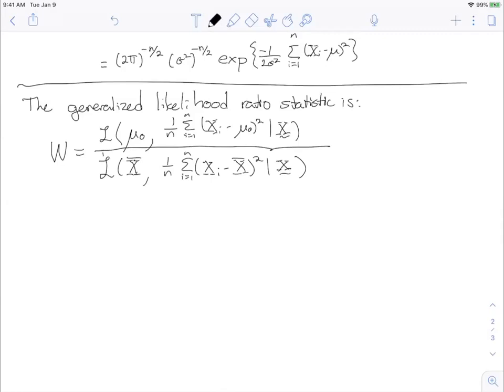Anywhere that there's a sigma squared, I'll plug in 1 over n sum i equals 1 to n xi minus mu0 squared. For the denominator, I'll do the same thing, except anywhere there's a mu, I'll plug in x bar, and anywhere there's a sigma squared, I'll plug in 1 over n sum i equals 1 to n xi minus x bar squared. So let's do that now.